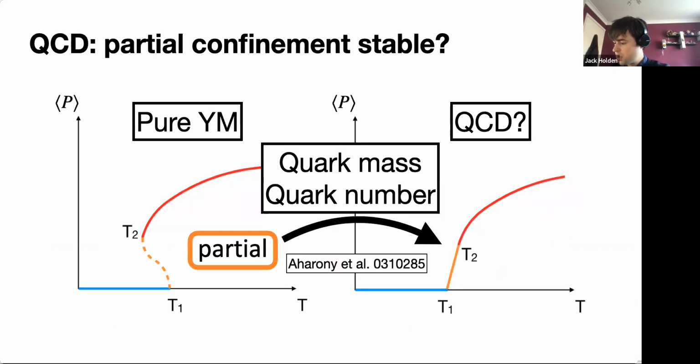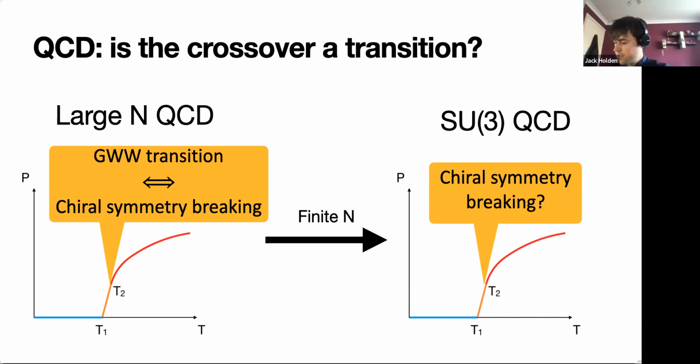By chiral symmetry breaking in QCD, what I mean is that we start off in a limit where the quark mass or the number of quarks is 0, and find chiral symmetry breaking in that case, and then we add perturbations to get to the QCD case, and see that the crossover region is the messy remnants of the true chiral symmetry breaking, which occurs in that original limit.